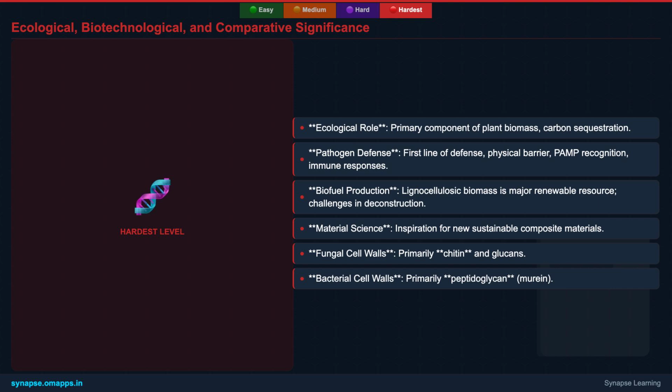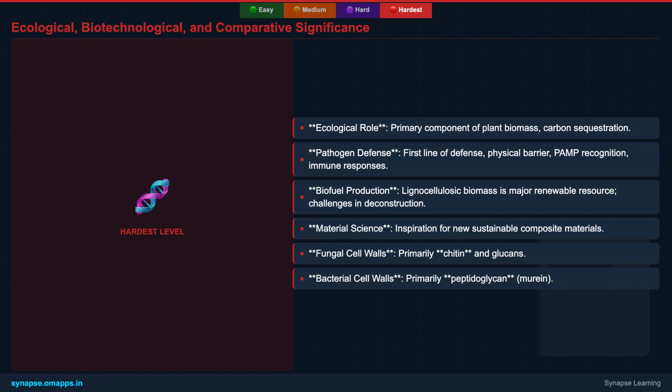The challenge of breaking down this tough lignocellulosic biomass into biofuels is a major focus of bioengineering research. Moreover, the wall acts as the plant's first line of defense against pathogens, recognizing invaders and triggering immune responses. Its elegant composite structure also inspires material scientists to develop new, sustainable biomimetic materials, demonstrating its profound impact across diverse scientific fields.